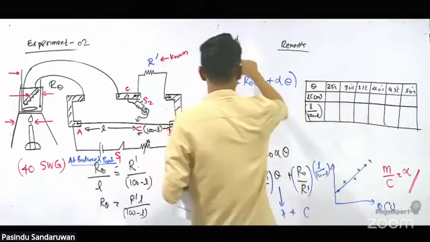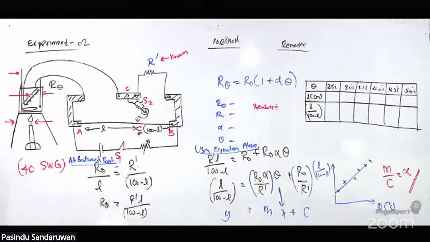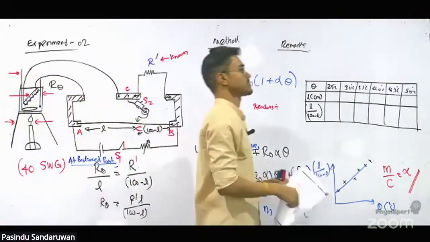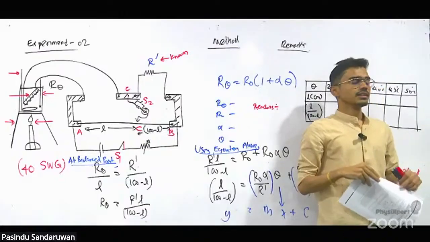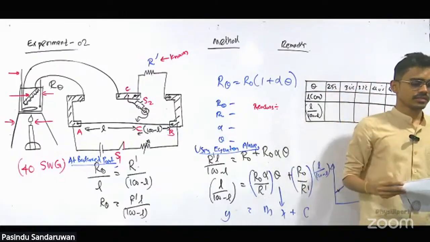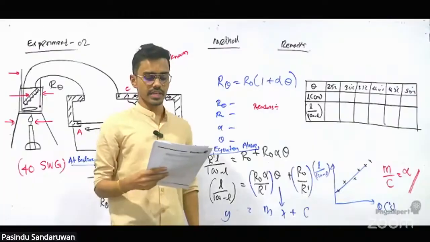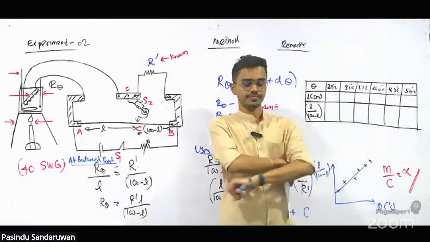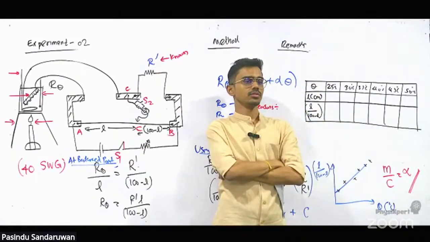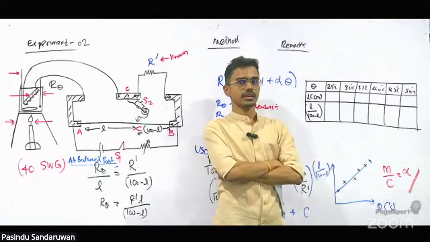Next point, write down: accumulators are used since we need a continuous current flow throughout the experiment.